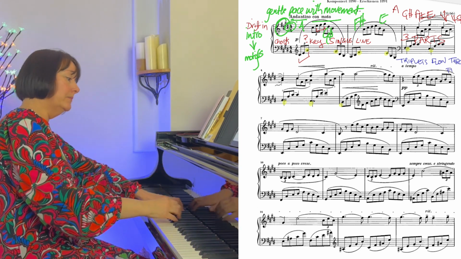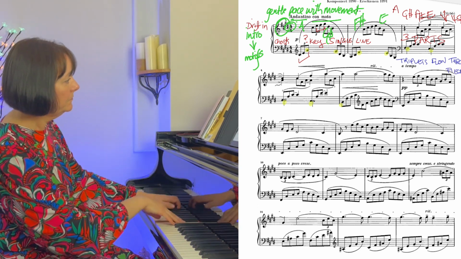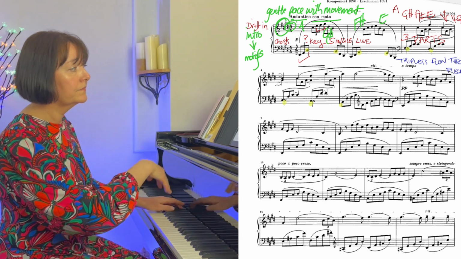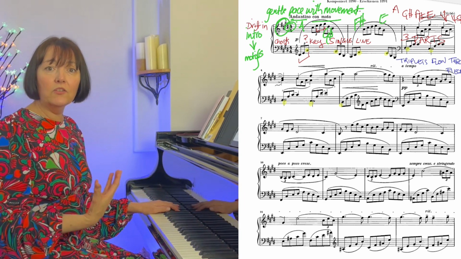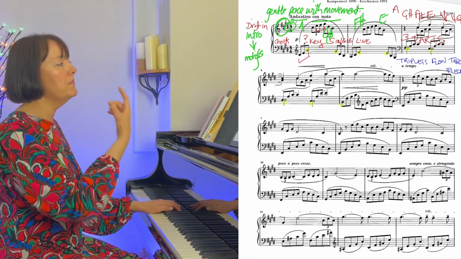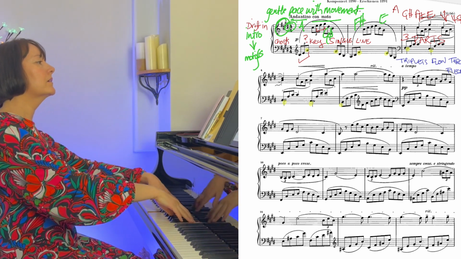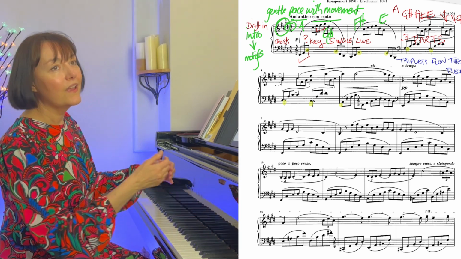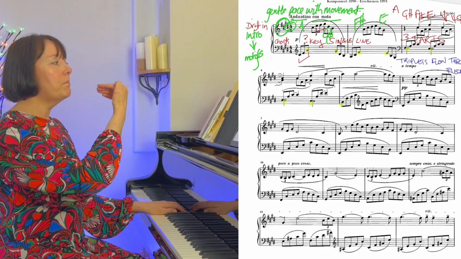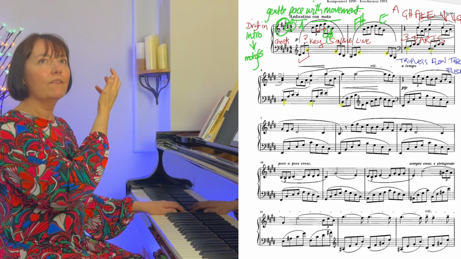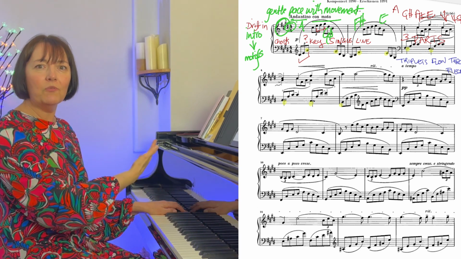So bar 3. This is in the middle, the triplets, the arpeggiated triplets in the middle voice. So let's hear the middle voice with the bass. So, the bass note, you need to hear it, you need to see it, hear it in your head, feel it with your fingers.